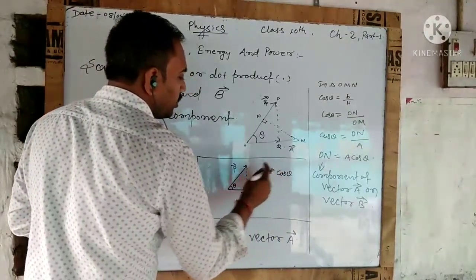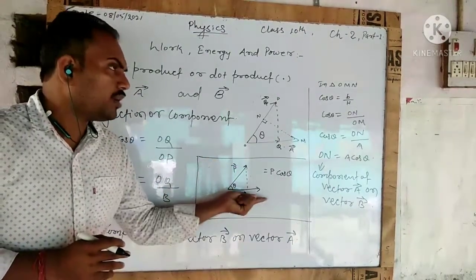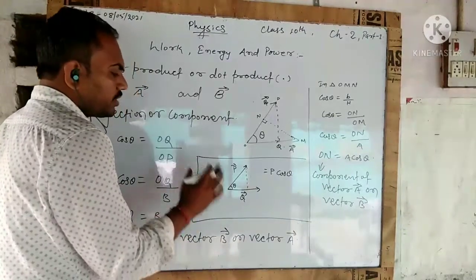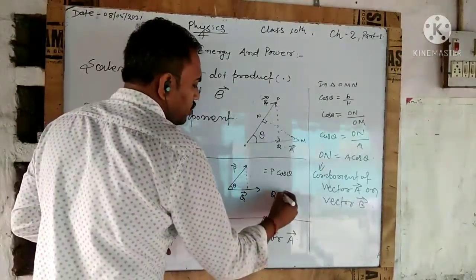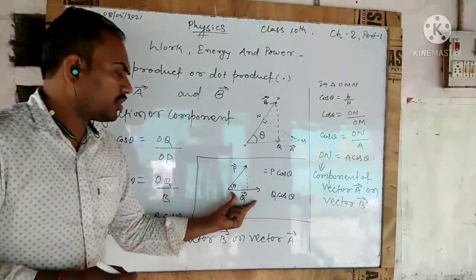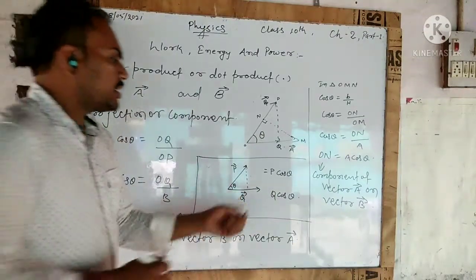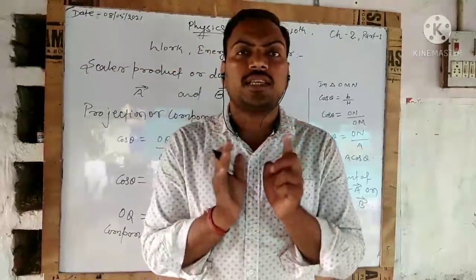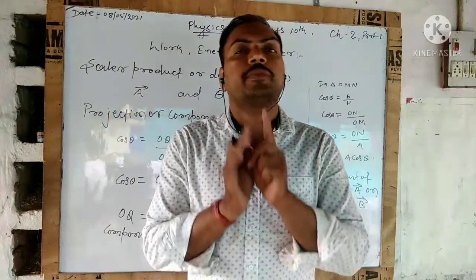This will be the component of vector P on vector Q. If you want the component of vector Q on vector P, simply multiply Q cos theta, the magnitude of vector Q with cos theta.